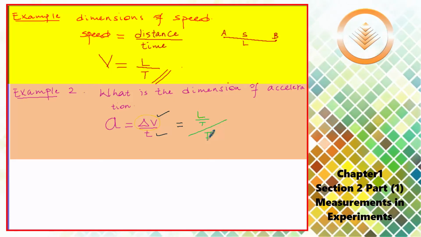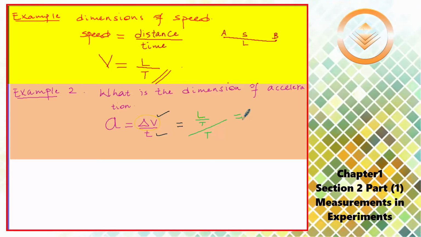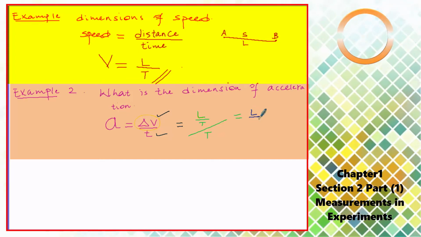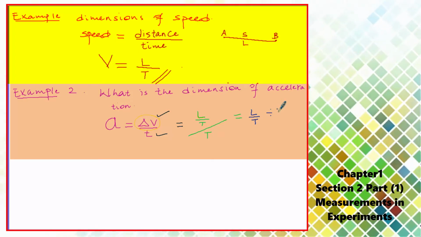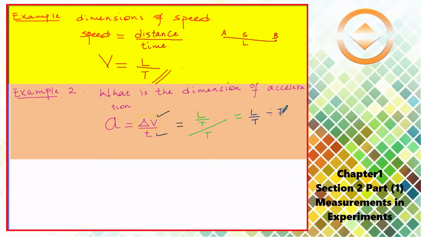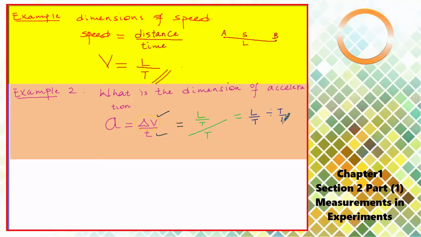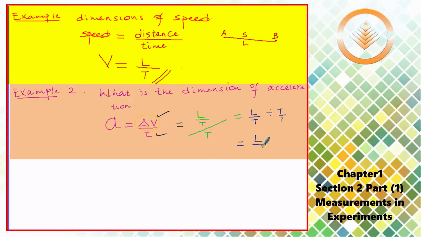Now we have to simplify this ratio. I can rewrite this as L divided by T, divided by T. I can write this T as T over 1. So this is equivalent to L over T divided by T over 1.